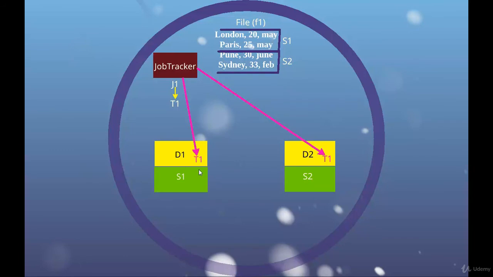This is how this task T1 moved closer to the data, so that the computing is performed locally without moving the data. Understood? Now my question is, how does the job tracker know which data nodes have the file?